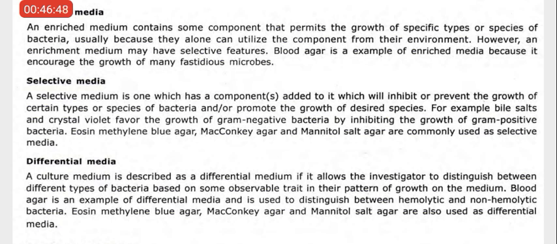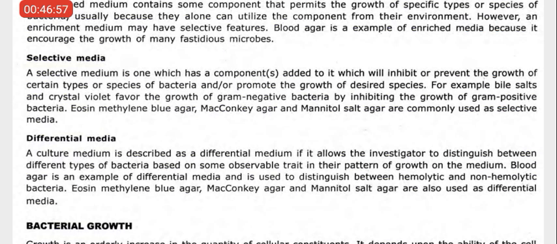Then differential media. A culture medium is described as a differential medium if it allows the investigator to distinguish between different types of bacteria based on some observable trait in their pattern of growth on the medium.